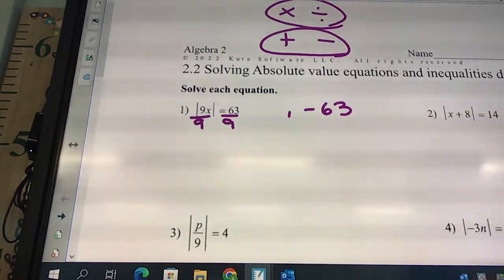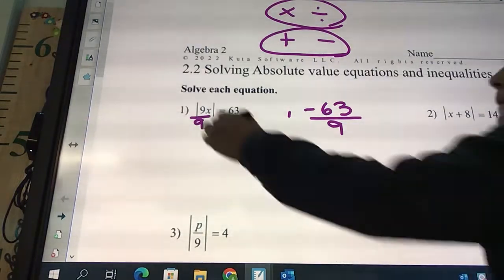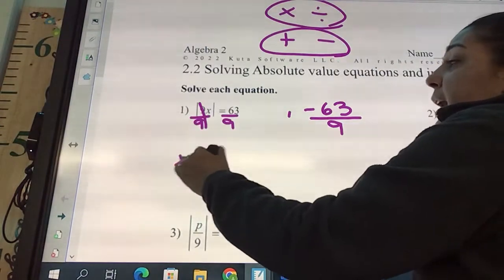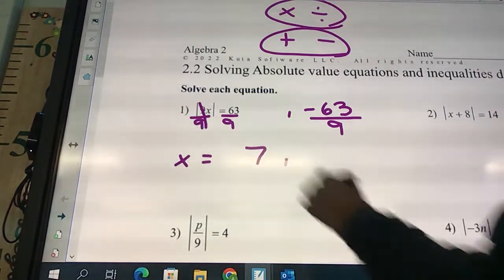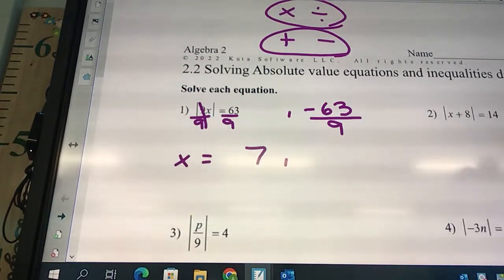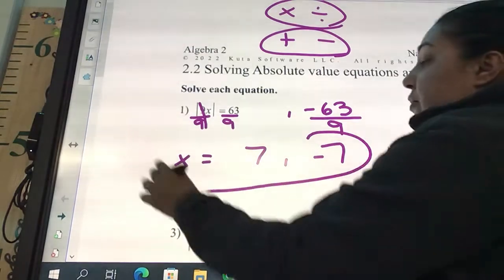You also need to divide that -63 by 9. So, we got x equals, what is 63 divided by 9? 7. What is -63 divided by 9? -7. On all of these, you should have two answers.